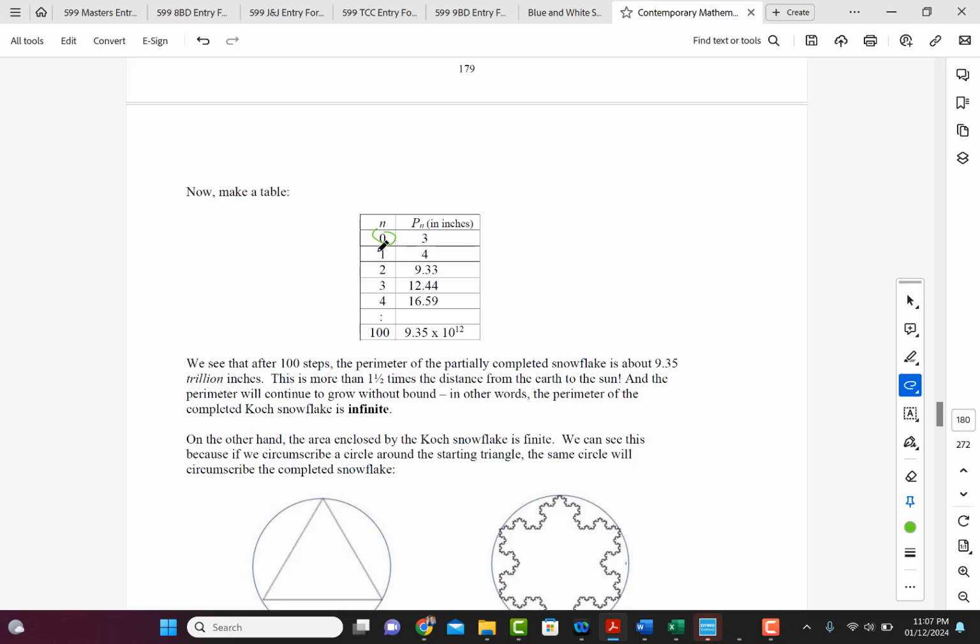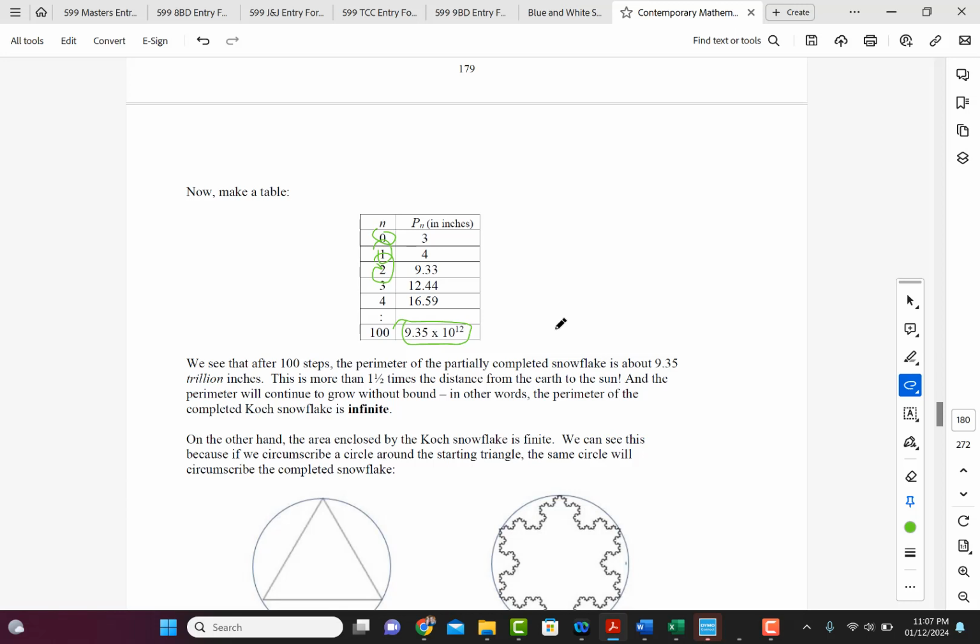And then at step 1, it'll go up to 4 inches. And then step 2, it goes up to 9.33. And then it goes to 12.44. And then it goes on until we get to 100, and then it's huge. Right? So just in 100 iterations, we're at a very large perimeter in inches.